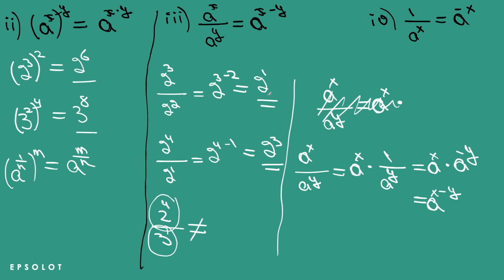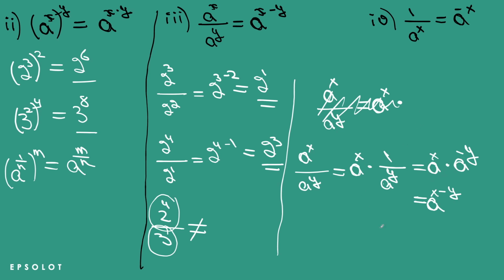So now, you have noticed that this rule is kind of built up. It's based upon two other rules that we have already seen. So we turn this into a negative, and then since the base is the same, we can of course add them together.